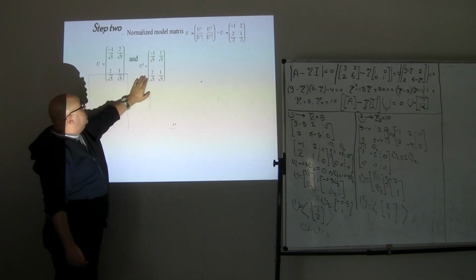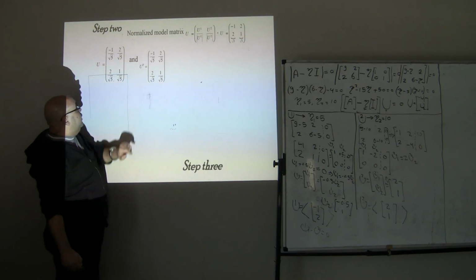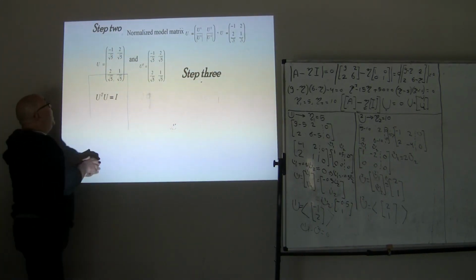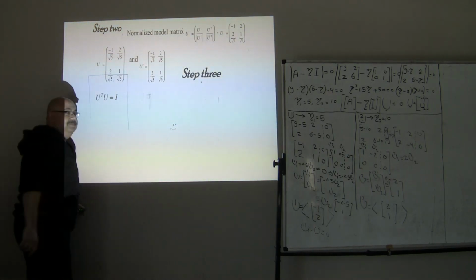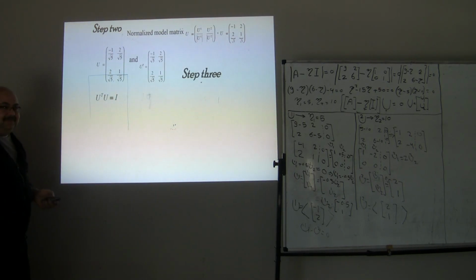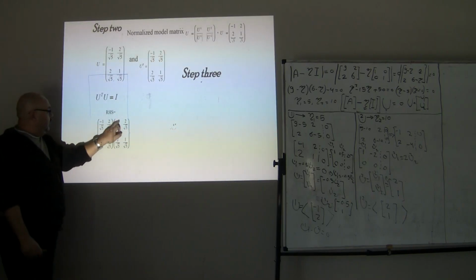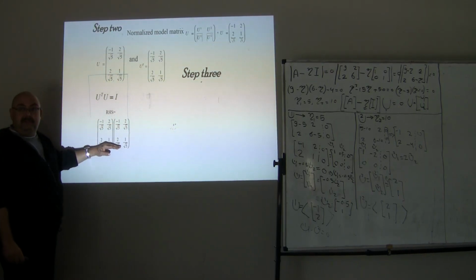Now, once you get the transpose of these two matrices, if you multiply them together, that's the check. U transpose times U. So actually, this matrix is the inverse. Let's multiply them together, the first row by the first column. If you multiply them, you will have a unit matrix.